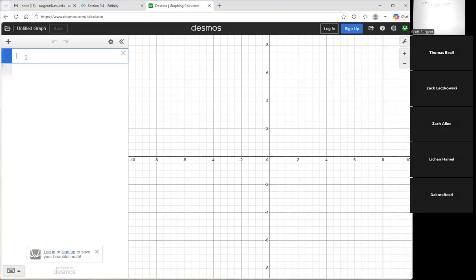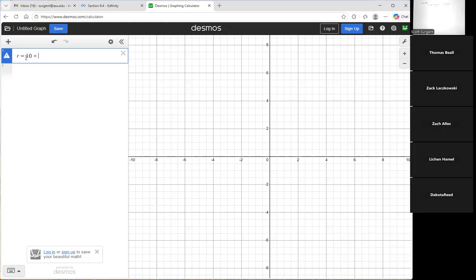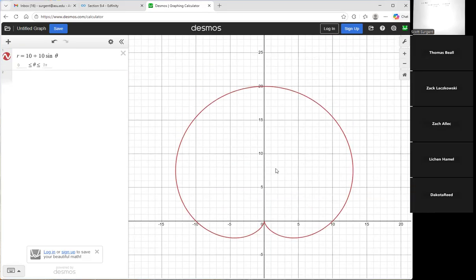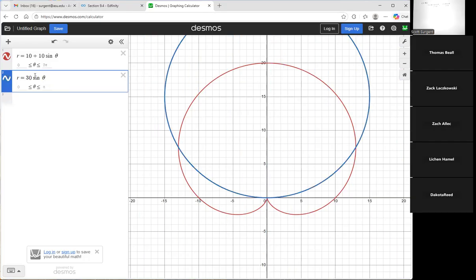You should be able to do polar just by using the r and theta nomenclature. So we get what looks like a cardioid. And the second one, r equals 30 sine theta, is just a circle.